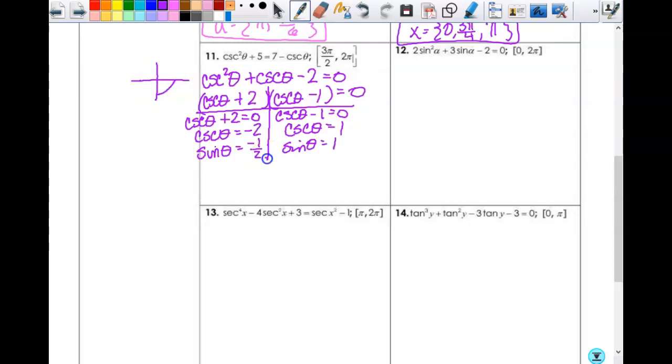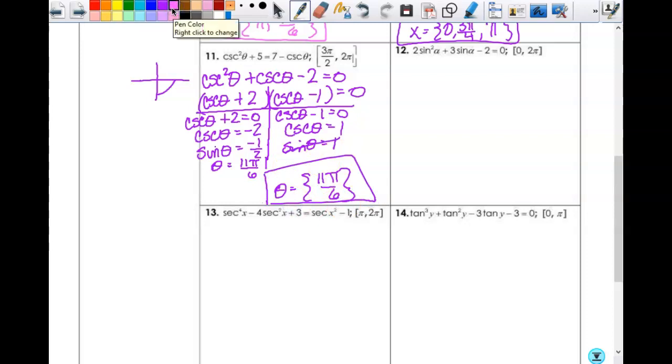So when would sine be negative 1/2? 11 pi 6. And in that interval, when would the sine be 1? Never, right? So this doesn't give me anything, so my answer is just 11 pi 6. Awesome.